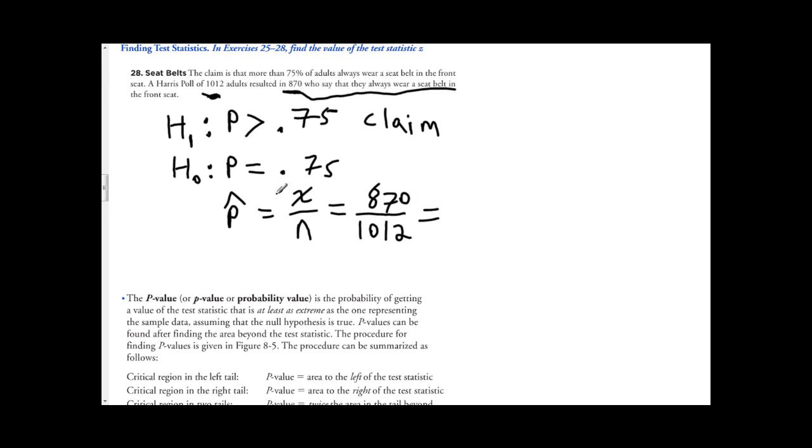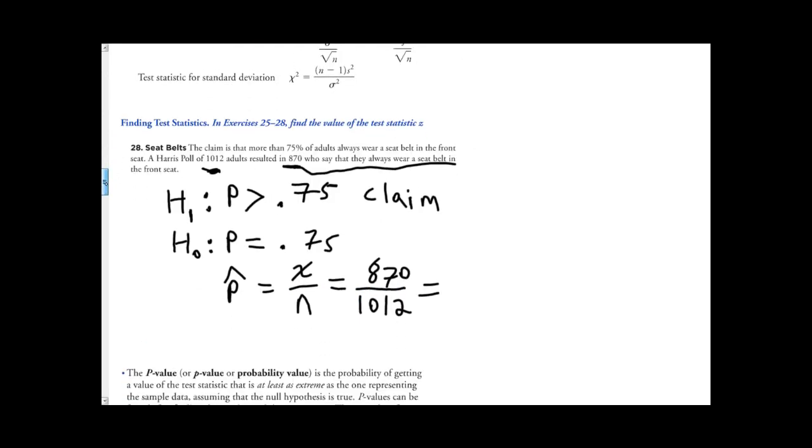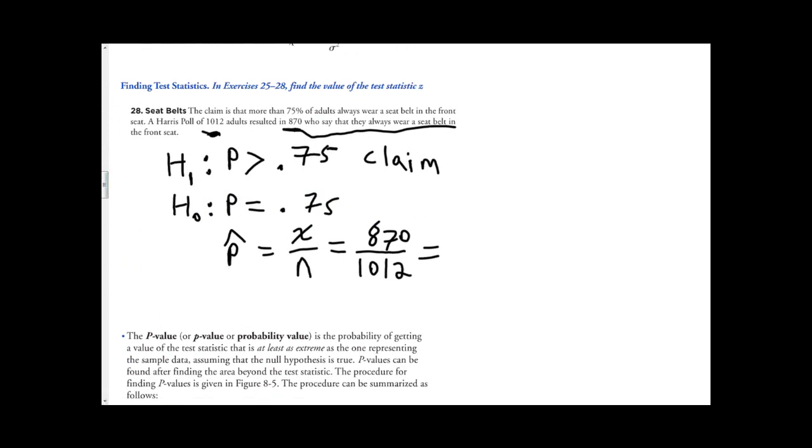We need p hat and p in order to find our test statistic, because our test statistic for proportions involves p hat, p, and n. We have all of those things now. Let's calculate p hat. p hat is 0.860. So now we have everything we need.